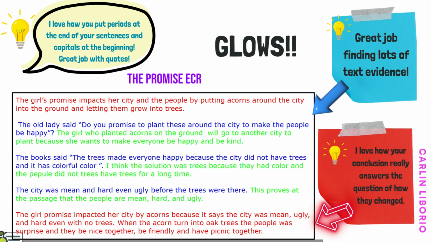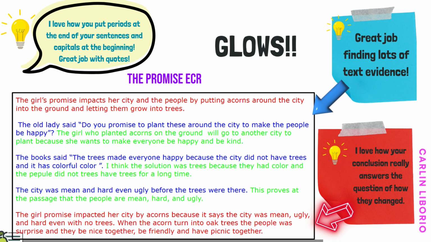The old lady said, "Do you promise to plant these around the city to make the people be happy? The girl who planted the acorns on the ground will go to another city to plant because she wants to make everyone be happy and be kind." The book said the trees made everyone happy because the city did not have trees and it has colorful color. I think the solution was trees because they had color and the people did not have trees for a long time.